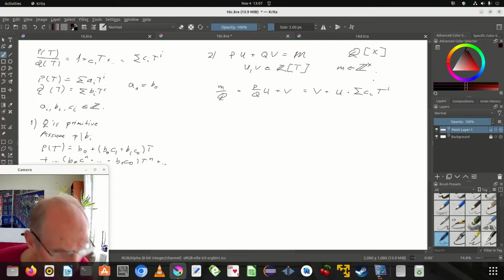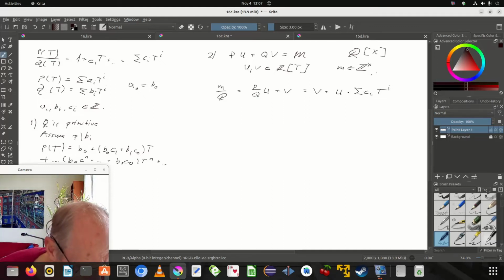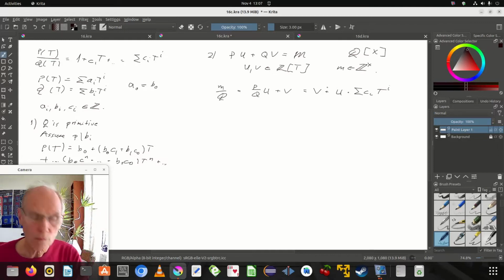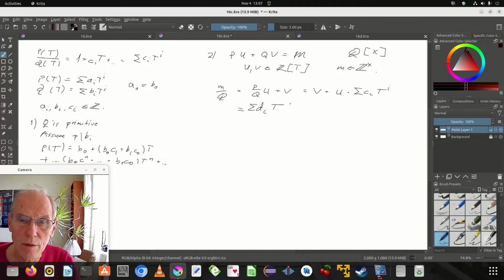So how should we write it? They introduce a new variable for the result of this computation. This is an infinite series, all right. And of course di are integers.